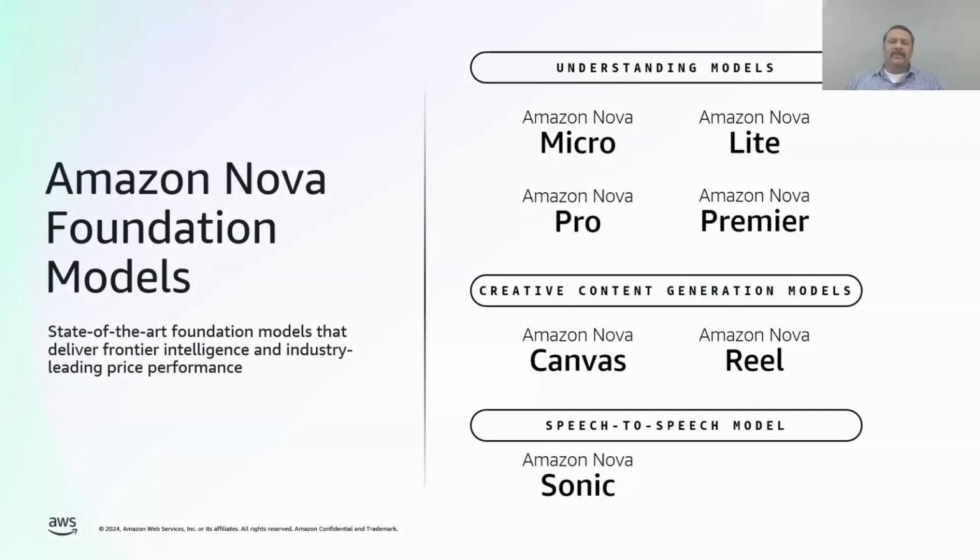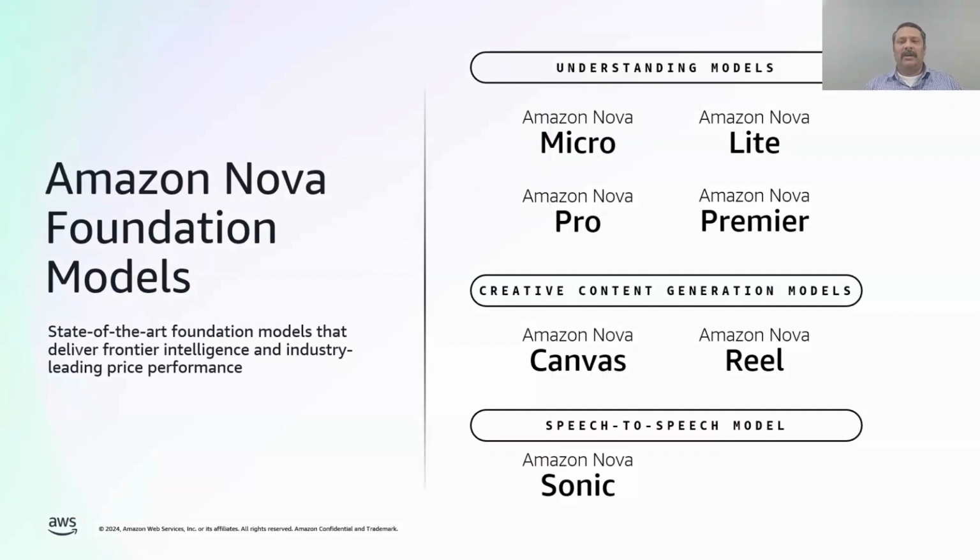So Amazon Nova is the new generation of state-of-the-art foundation models that deliver frontier intelligence and industry-leading price performance. We have these seven different foundation models placed under different categories. At the top, we have four understanding models that can generate text responses from different forms of input modality: text, image, and video.